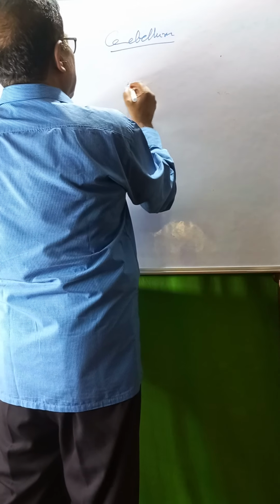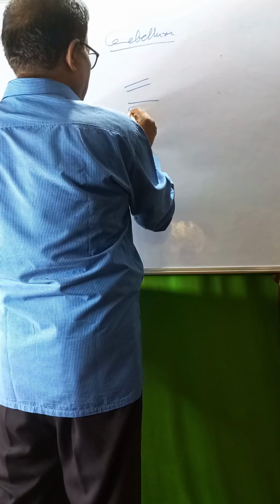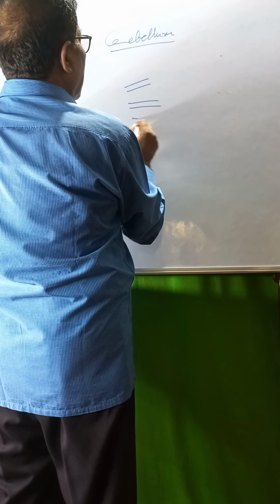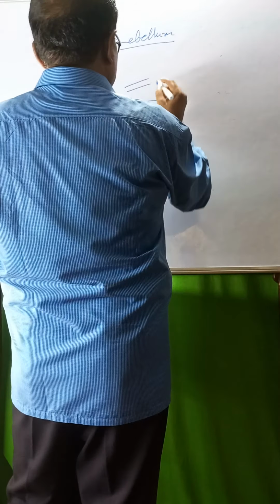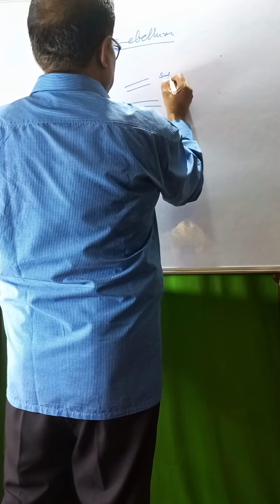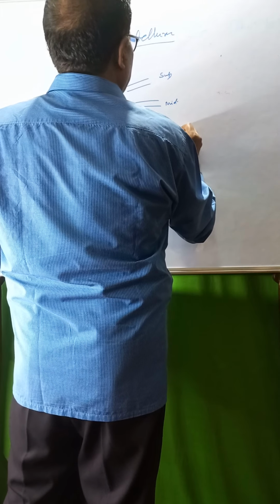Now we have learned that the cerebellum is attached to the midbrain, pons, and medulla oblongata by three peduncles: the superior cerebellar peduncle, the middle cerebellar peduncle, and the inferior cerebellar peduncle.